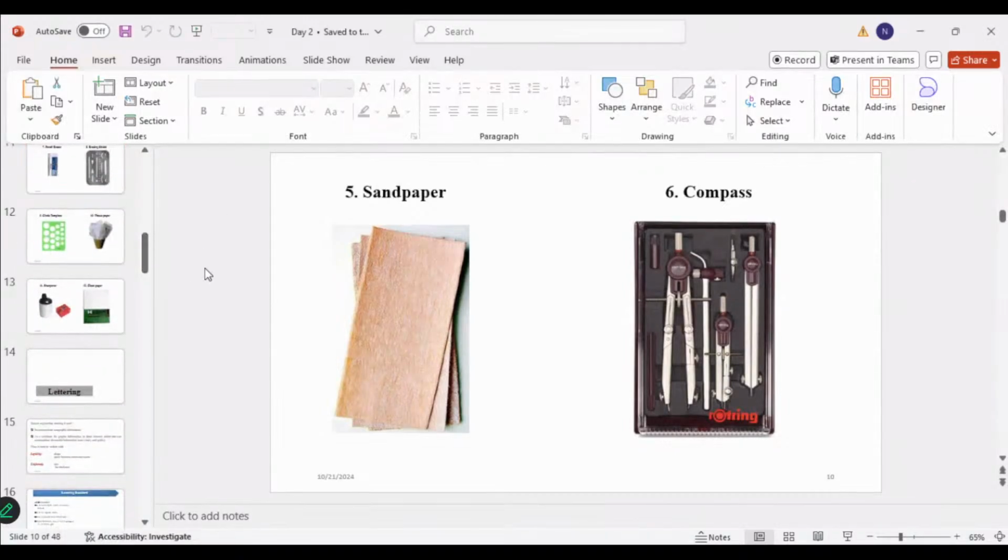And then we look at the other tools. Okay, then let's continue.